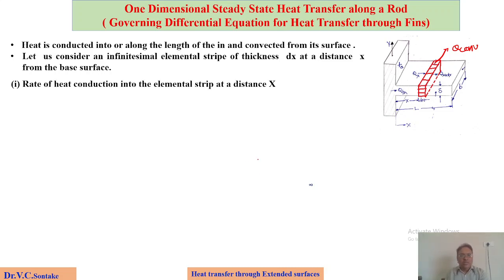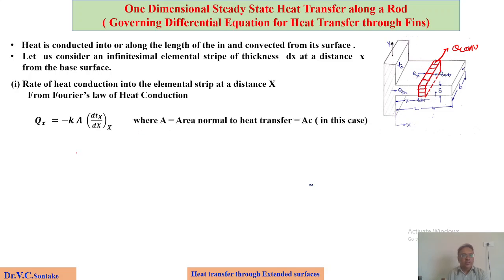So first, the rate of heat conduction into the elemental stripe at a distance x. From Fourier's law of heat conduction, I can calculate this rate of heat conduction into the elemental stripe, qx, by the equation minus k A dT(x) by dx at the distance x, where T(x) is the variation of the temperature of this elemental stripe in the x direction. In this equation, A is the area normal to the heat transfer.